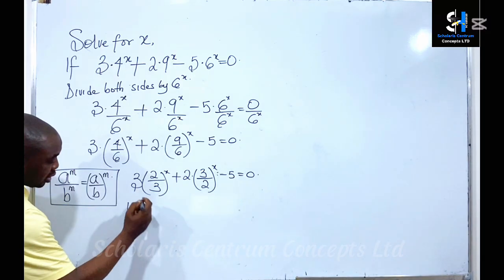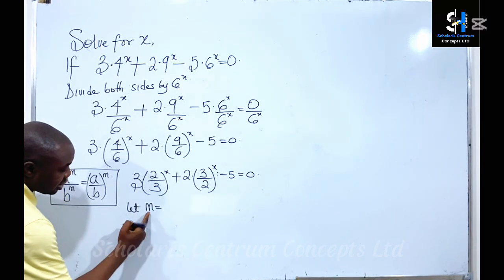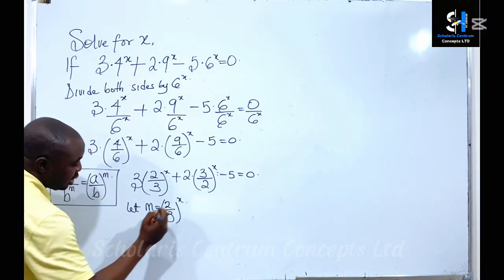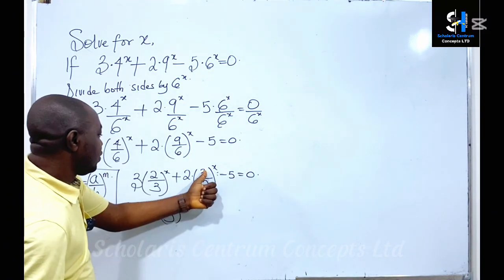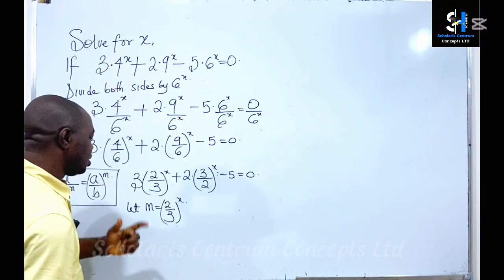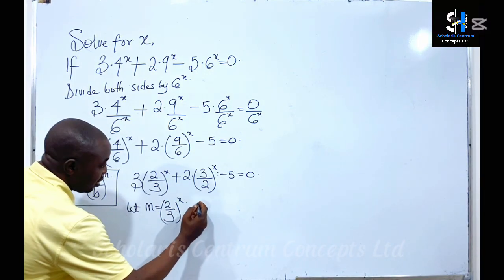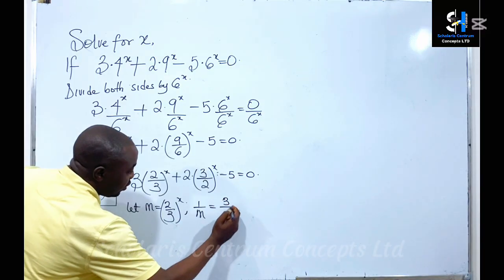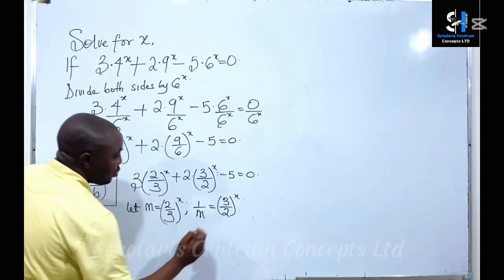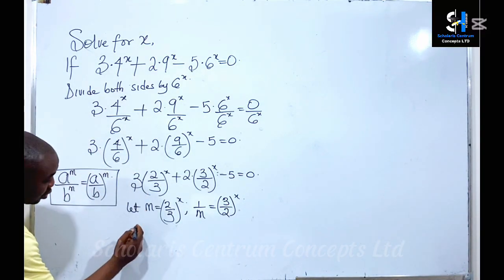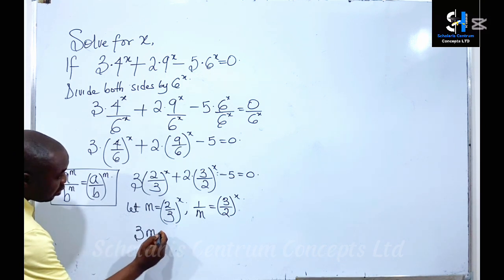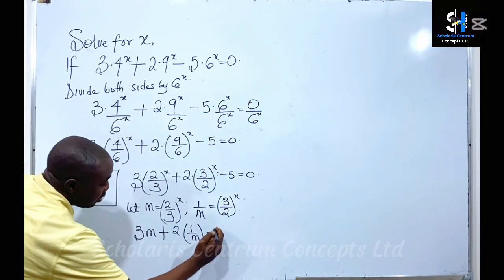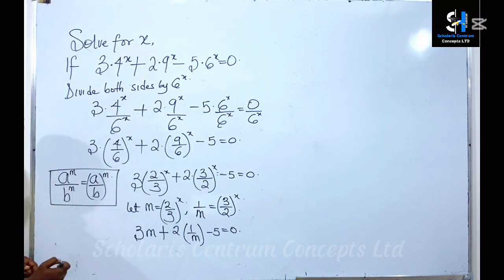Let's say I want to use letter m. So let m equal 2 over 3 raised to the power of x. Then 3 over 2 raised to the power of x will be 1 over m. So the equation now becomes 3m plus 2 times 1 over m minus 5 equals 0.